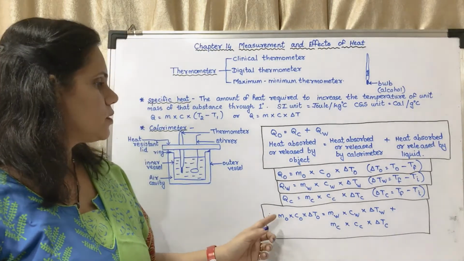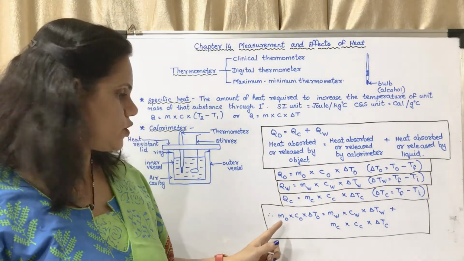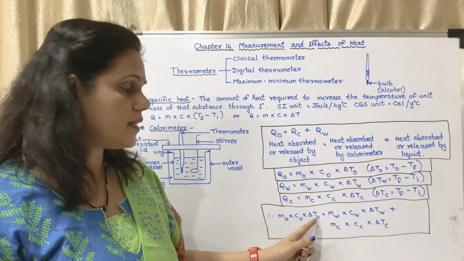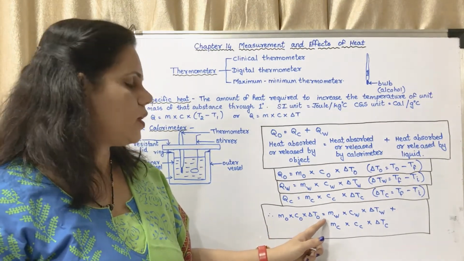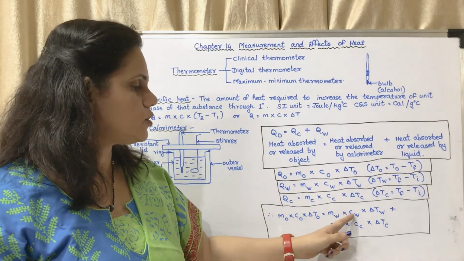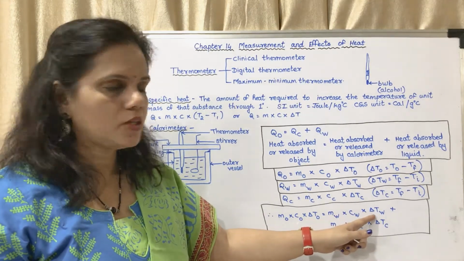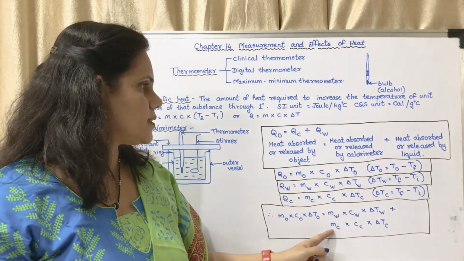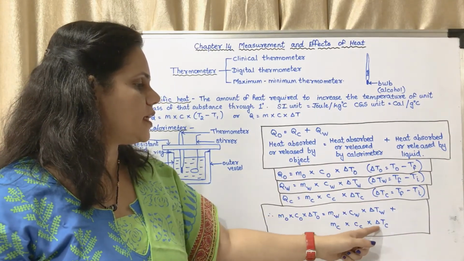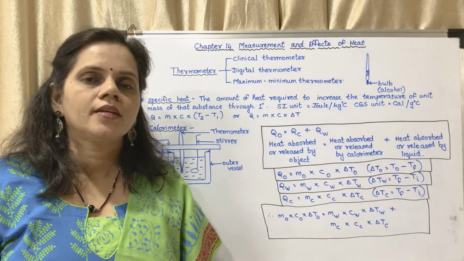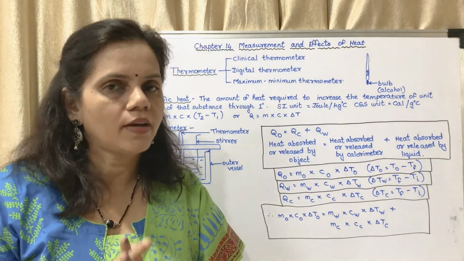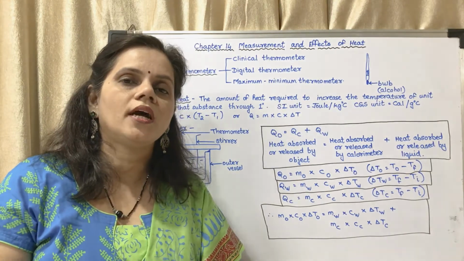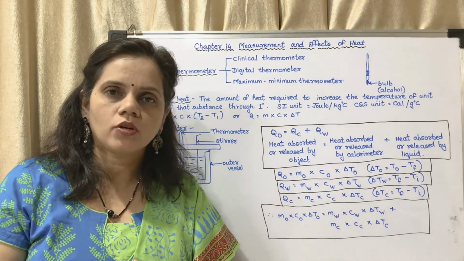So the temperature of water will be equal to that of the vessel. Finally the equation comes to m_O c_O ΔT_O is equal to m_W c_W ΔT_W plus m_C c_C ΔT_C. This is the derivation to find the specific heat of a given object with the help of a calorimeter.